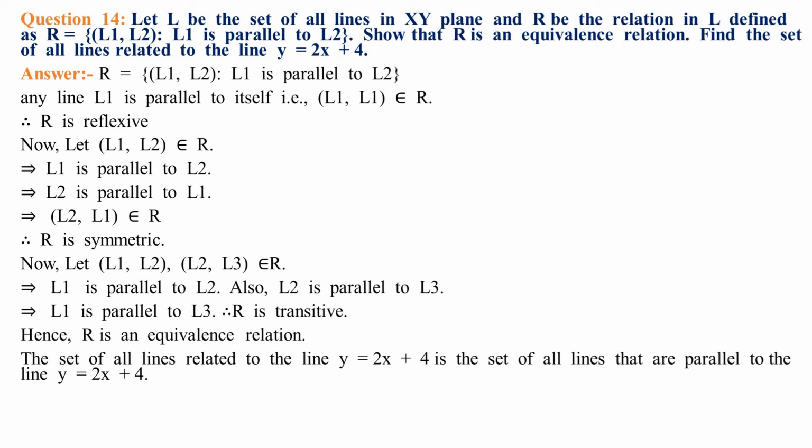The set of all lines related to the line y equals 2x plus 4 is the set of all lines that are parallel to the line y equals 2x plus 4.